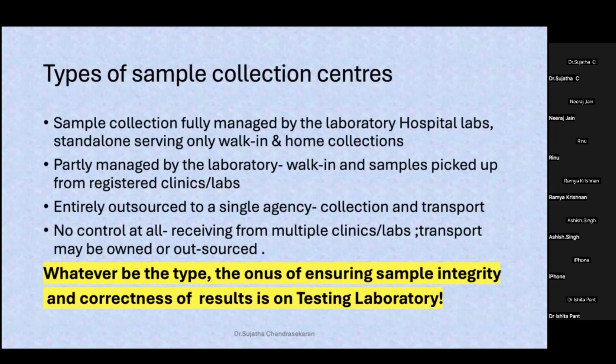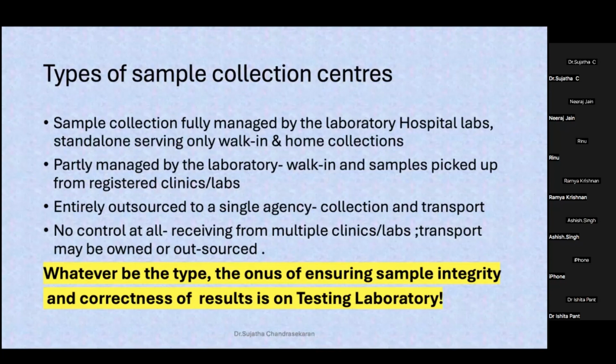But the standard says, whatever be the type of pre-examination phase, the onus of ensuring sample integrity and correctness lies with the testing laboratory. The laboratory cannot disown, saying that this is B2B and we do not know what's happening at the collection. We only test as received. Sometimes they even give a disclaimer in the reports that the test is done as received at the laboratory, claiming that we do not own anything prior to that.